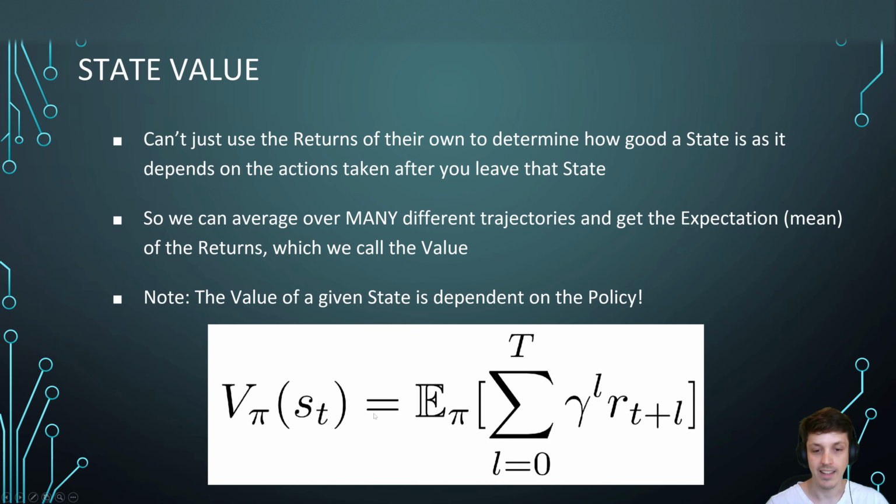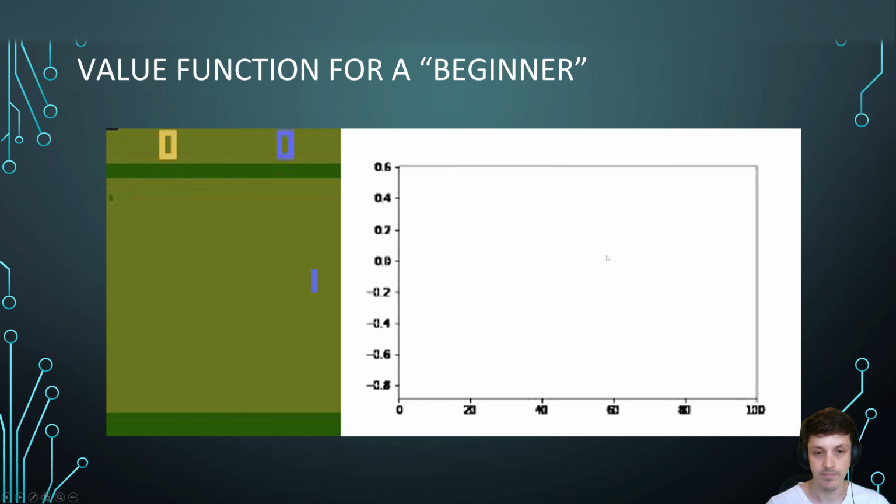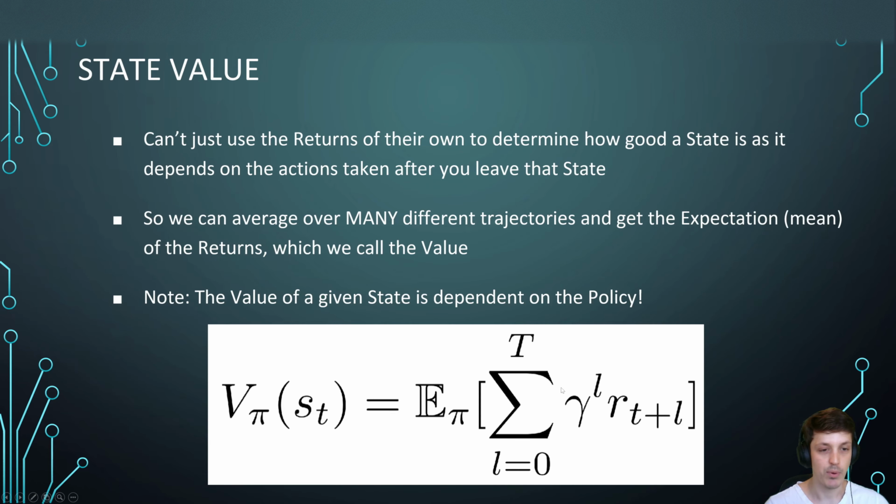So here I'm just saying that the value is the average of the returns over many, many trajectories. Okay. So just to highlight that last point here, that the value of a given state is dependent on the policy, you can think of this also as the value of a given state is dependent on how good your agent is.